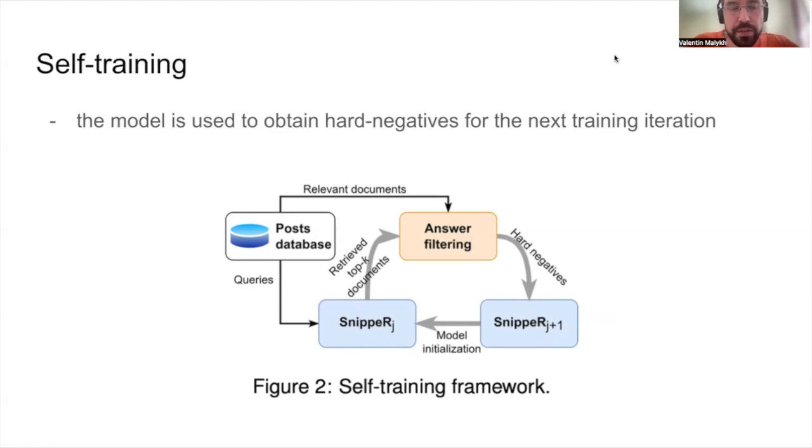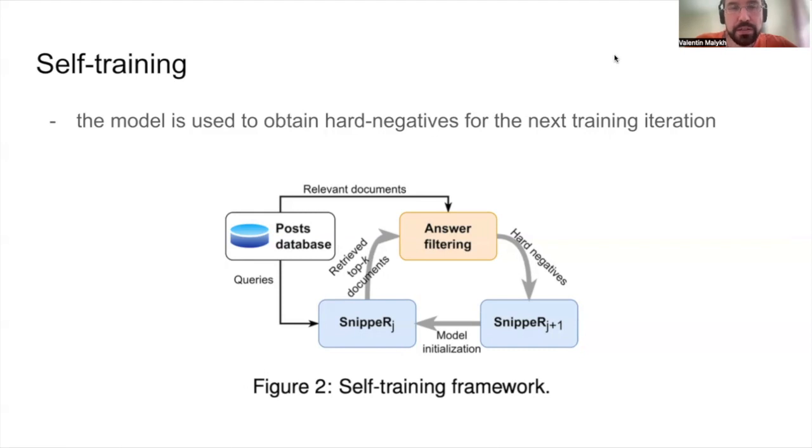We filter out the documents which are really relevant, and the other top-ranked documents by our model we use as hard negatives to train our next model. So we use our model again to train it on this new dataset with hard negatives and positives.